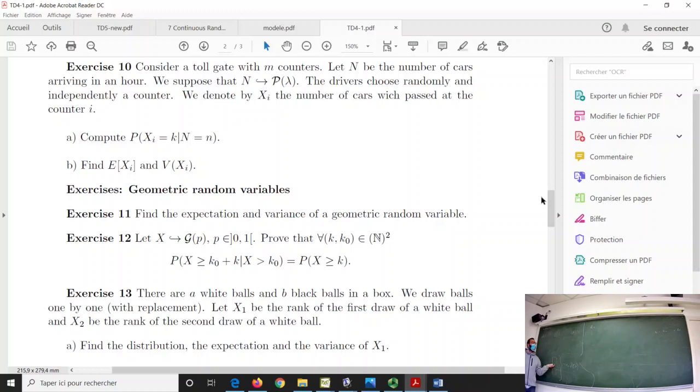I said that Z1 will be 1 if you choose the good counter and 0 otherwise. What is the distribution of Z1?